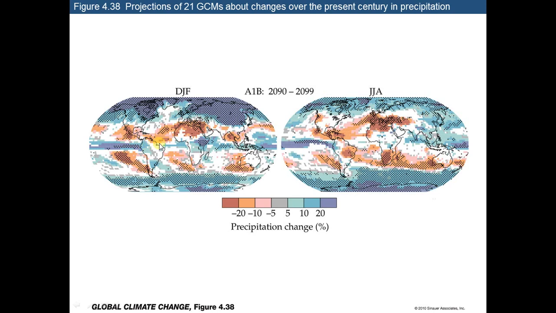You also see increases in precipitation over the equatorial regions overall, perhaps more so in December, January, February, but you also see it in June, July, August.